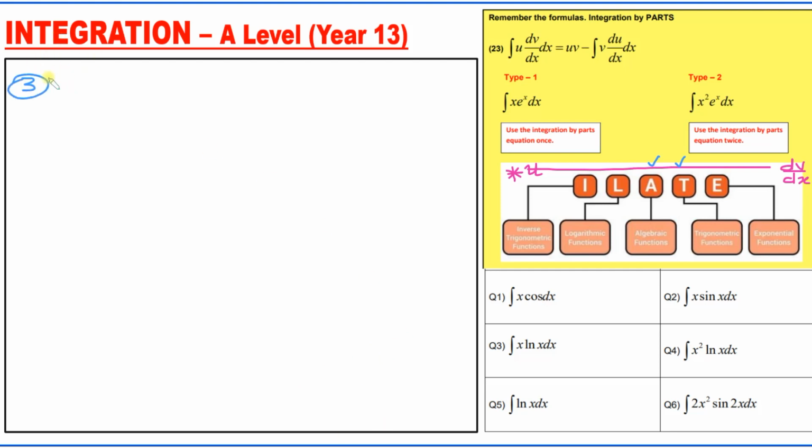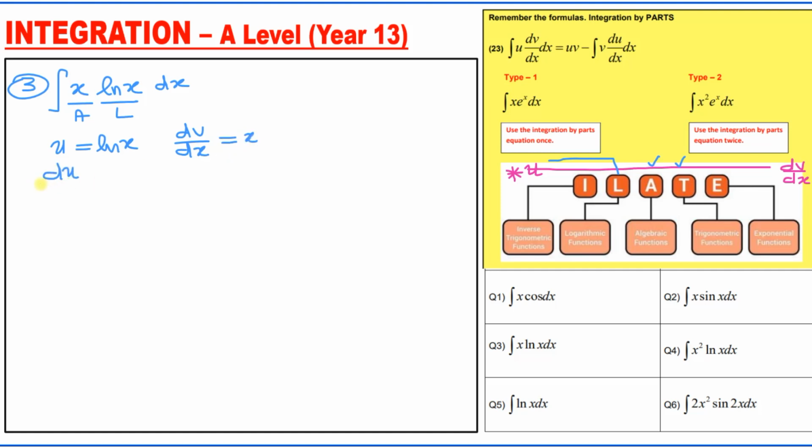So question number 3, integration of x ln x dx. Now you know that x is the algebra, ln x is the logarithm. So if you look at the diagram, ln x becomes the u, right? Careful, u becomes the ln x, and dv over dx becomes the x, right?